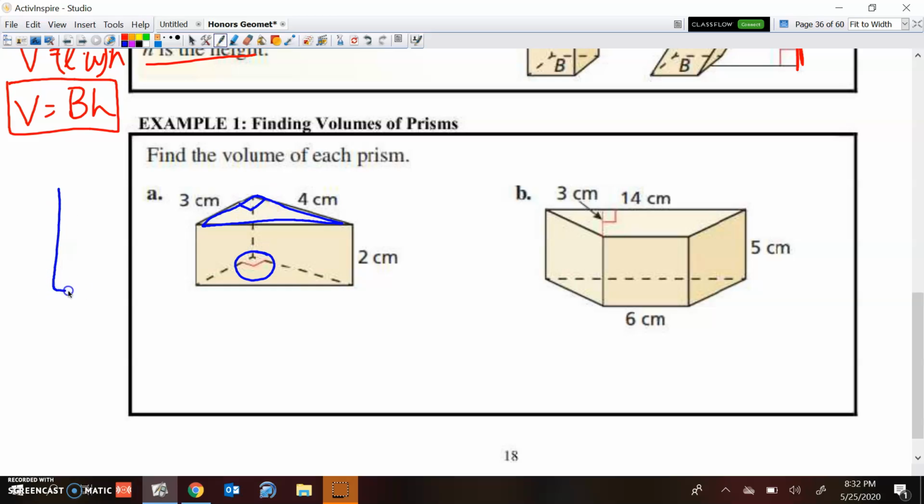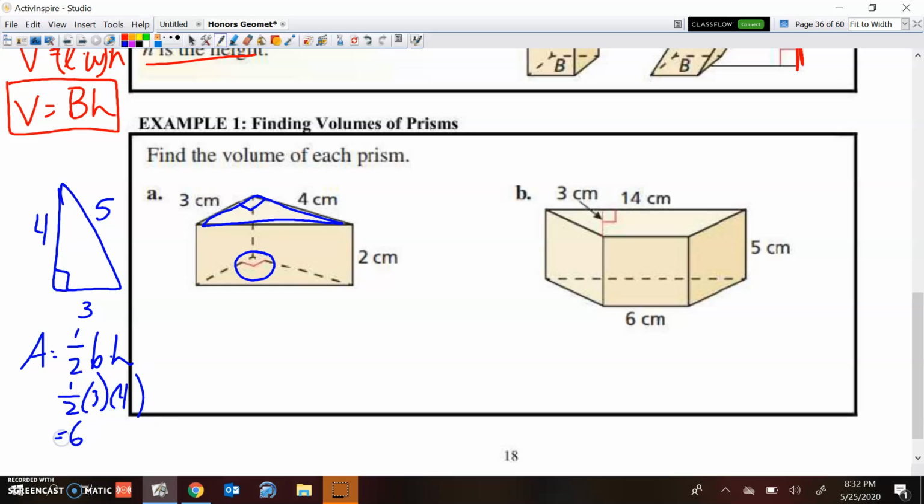So if I redraw that triangle, this is 3 by 4. We could fill in that this is 5, but that's not really critical at the moment. And I want to find the area of this. So area of a triangle is 1/2 little b times height. So these variables mean something, capital B, little b. But anyways, 1/2 times 3 times 4, half of 12 is 6. Okay, so that's my area of the base.